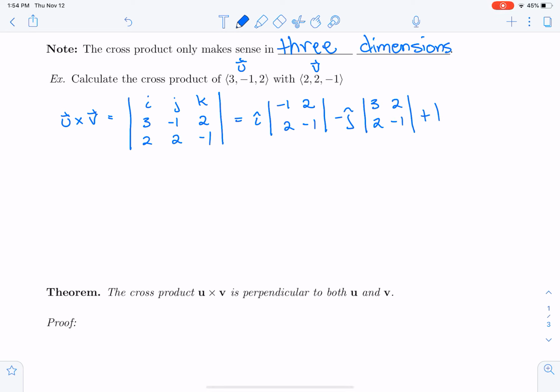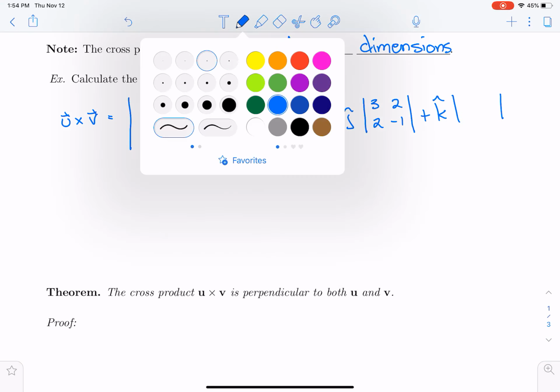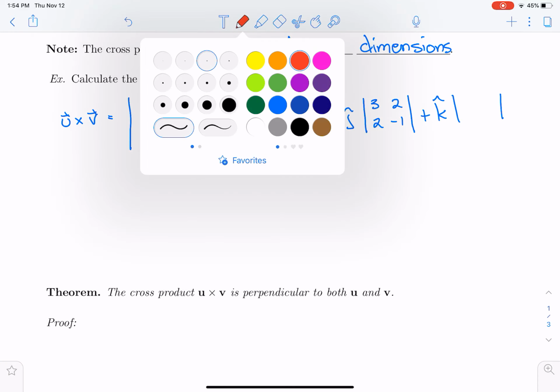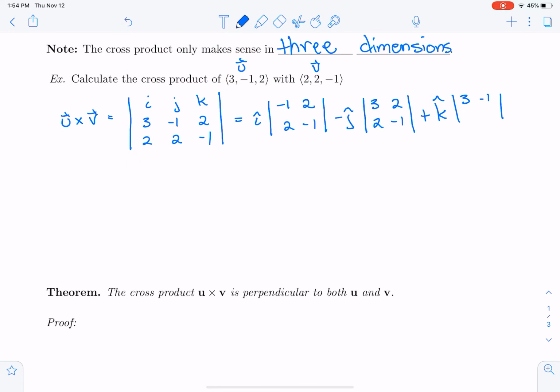And then finally, I'm going to do k. Here, I'm going to cancel out that row and that column. What I'm left with is 3, negative 1, 2, 2. So I'm going to get i times negative 1 times negative 1, which is 1, minus 2 times 2, which is 4, so 1 minus 4.